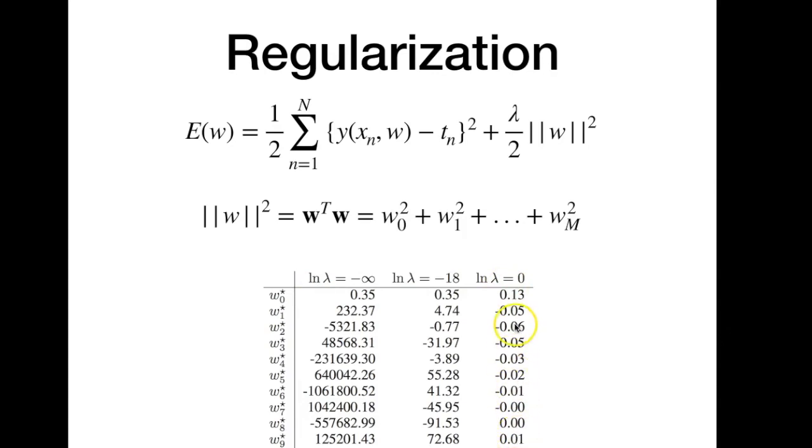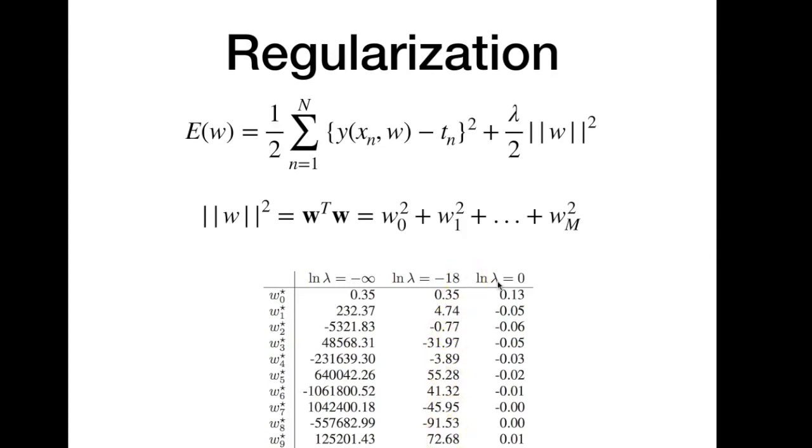This is one extreme. And when your lambda is almost zero or exactly zero, you have very large coefficient values. So here there is no regularization. Here there is extreme regularization. So you have to choose something in between that gives you good error reconstruction value or good performance on the training data, as well as keeps the coefficient values low.